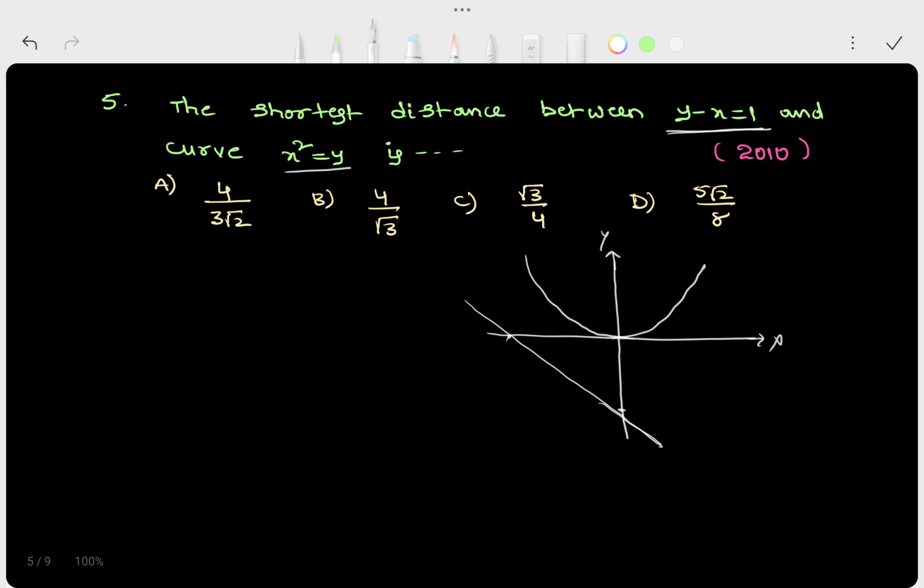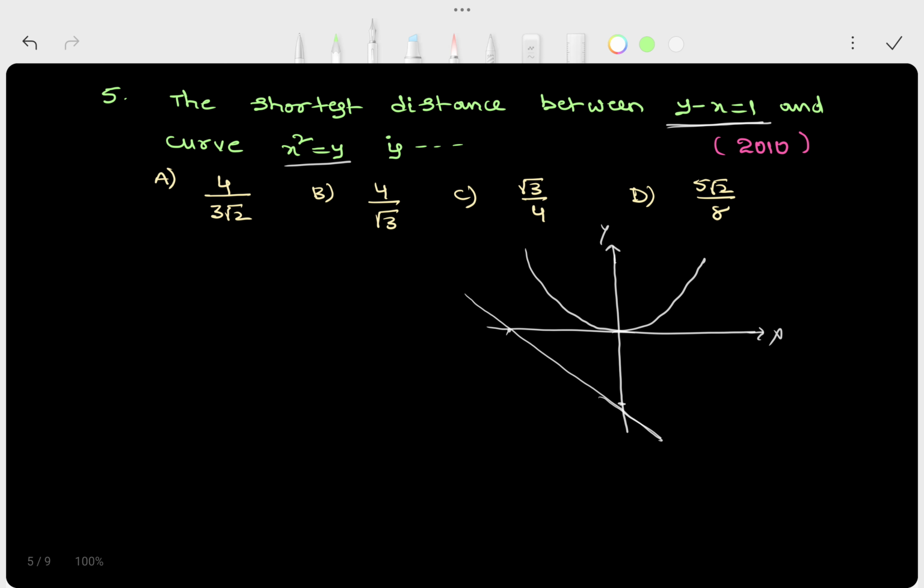Here y minus x is equal to 1 means y is equal to 0, x is equal to minus 1, and x is equal to 0, y is equal to plus 1. So it is not possible, it is intersecting.